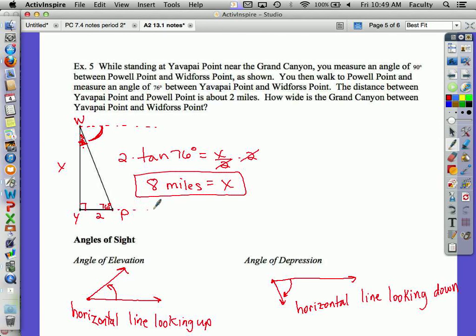But if you remember, in a rectangle, these are parallel, cut by a transversal. This one and this one are alternate interior angles. You've got to remember that. But this one, from a vertical, is never the angle of depression. But that's what they want to do. And they don't draw the horizontal line.